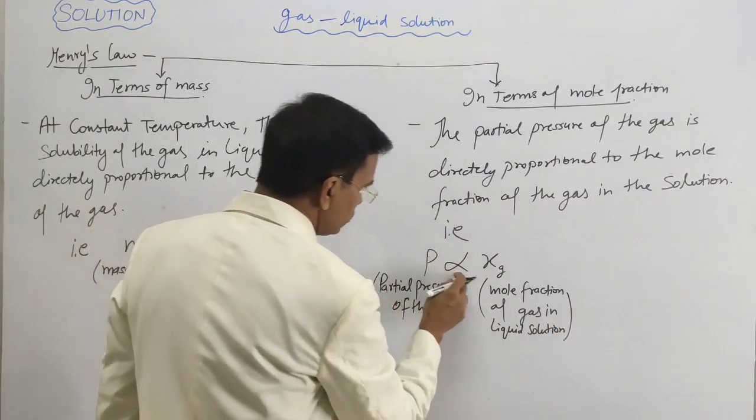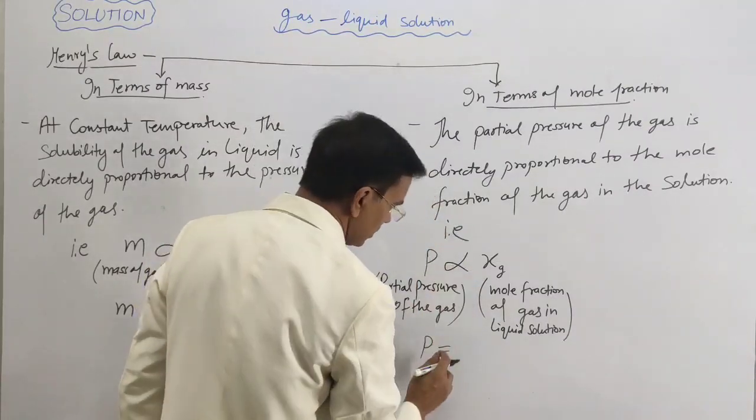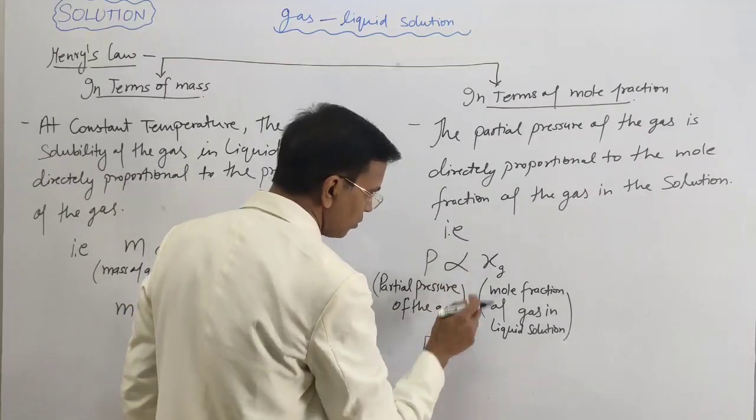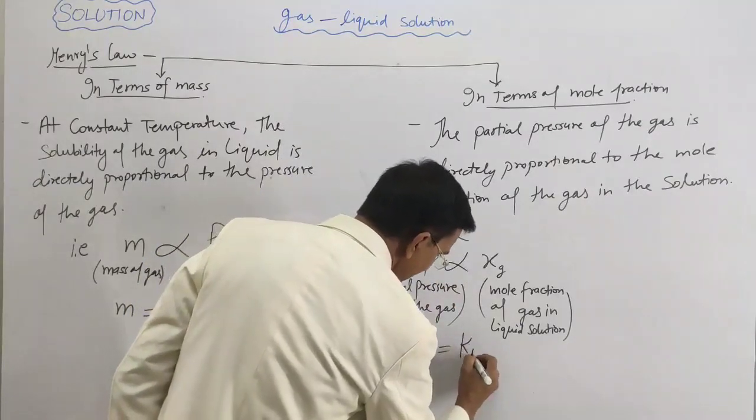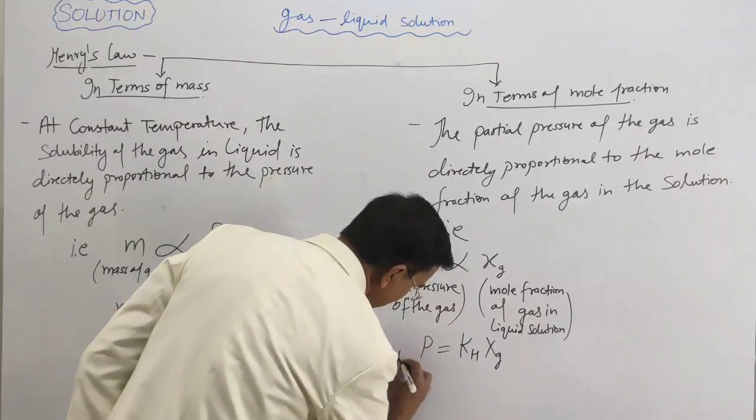Right? So if you are going to make it an equation, a constant must be there. So that is the kH used here, and that is called the Henry's constant.